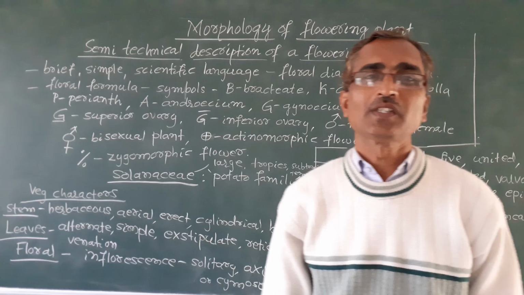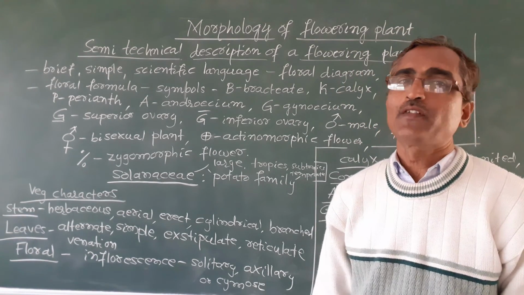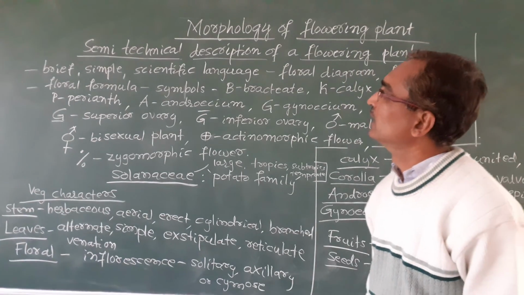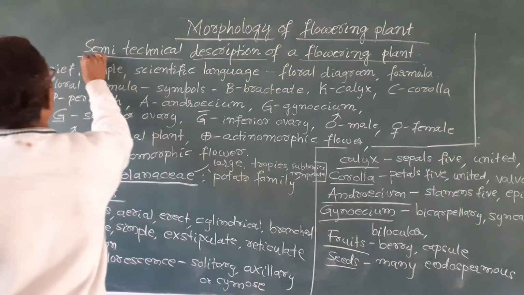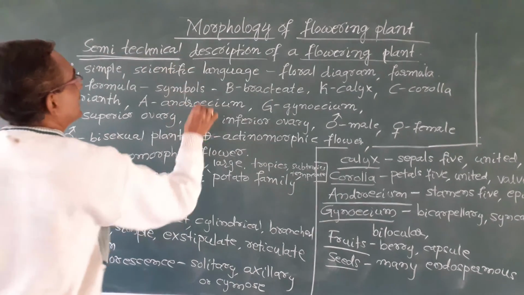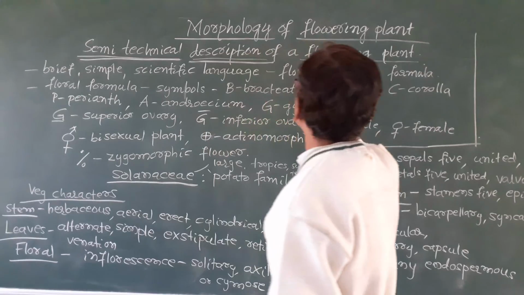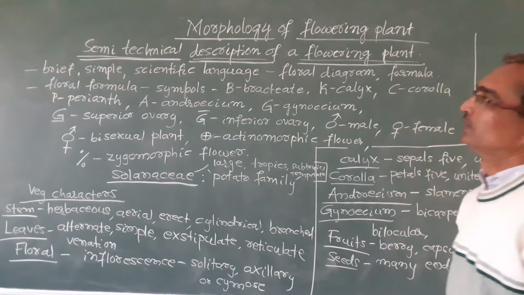So, that is the fifth chapter, morphology of flowering plants. Today we will discuss the semi-technical description of a flowering plant.